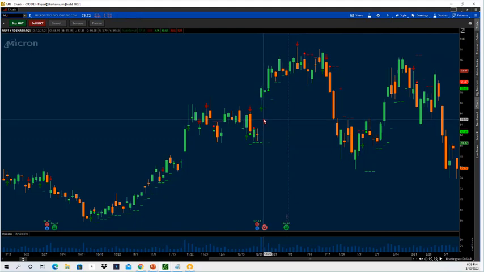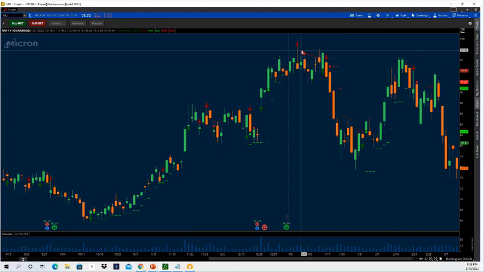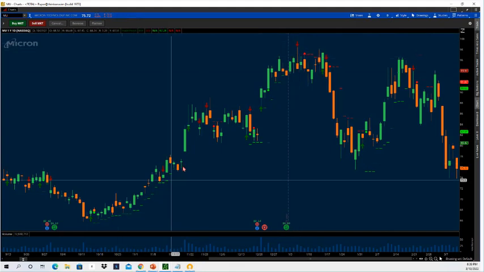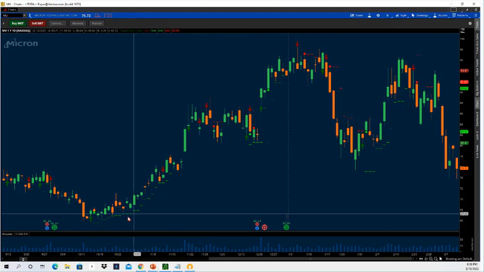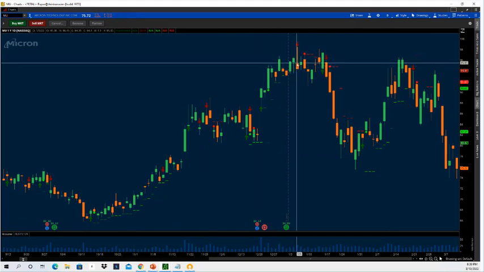So again, that's why we've designed the algorithm to only get us into a trade if there's follow through with the anticipated direction. And you can see that it gives us really nice timing within trends. We got some nice buy signals here within this broader trend, but also at market tops and bottoms. Like here on January 5th, this is when the broader markets, the major indices sold off, right?